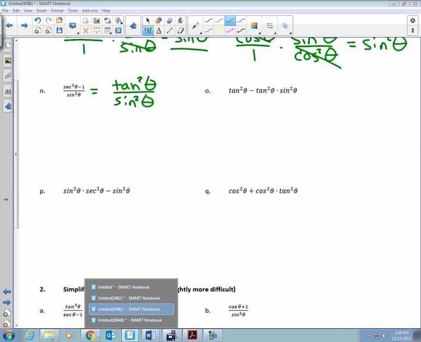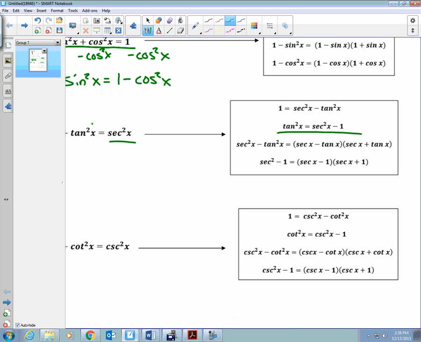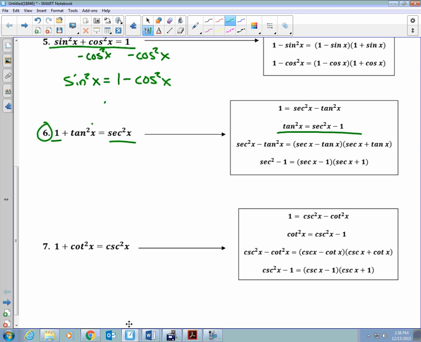Secant squared minus 1. Secant squared minus 1 is tangent squared. If I took this and simply subtracted a 1 from both sides, I would get tangent squared of x is equal to secant squared of x minus 1. So I have that formula that I can use. So I can place that for that. Does that make sense? Okay.